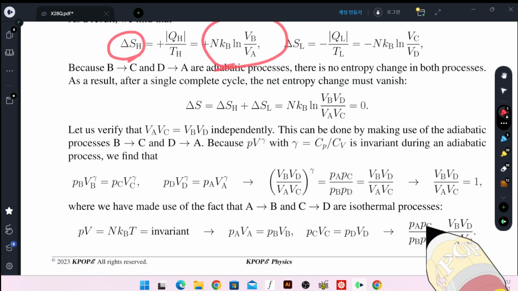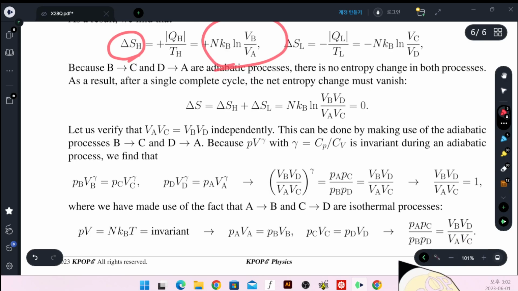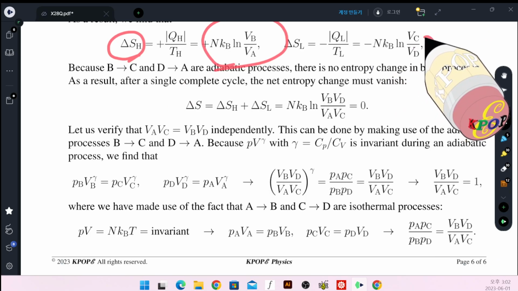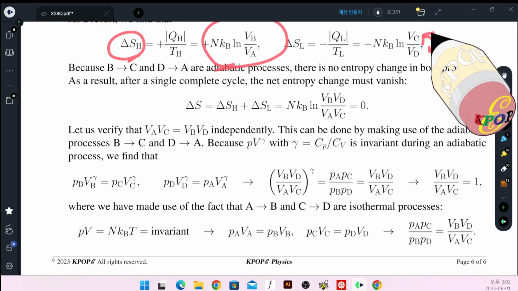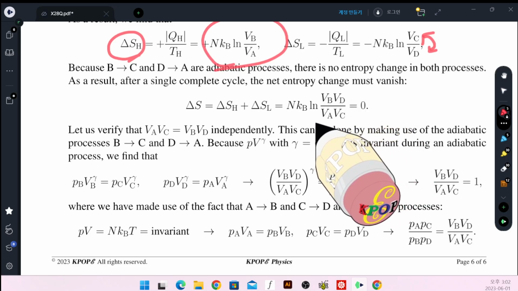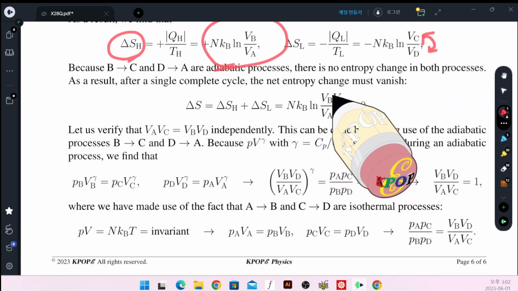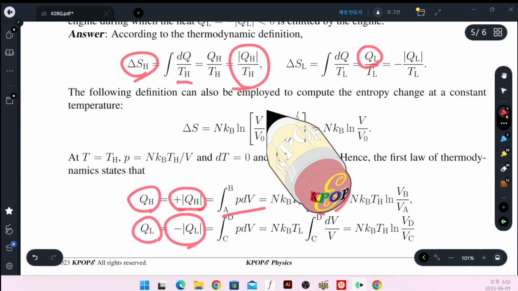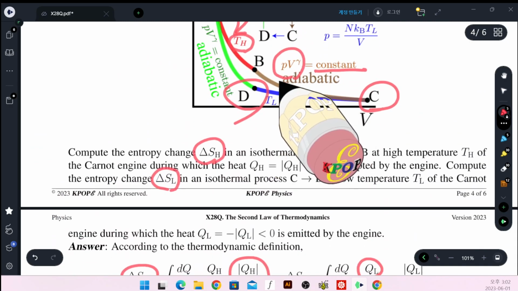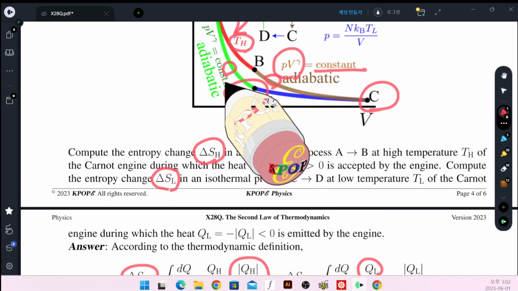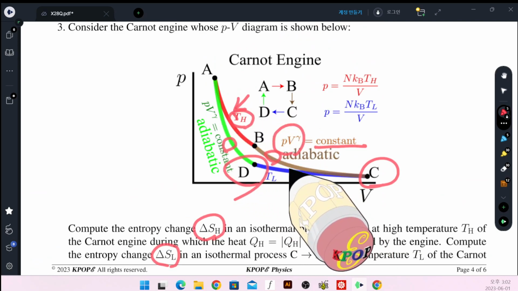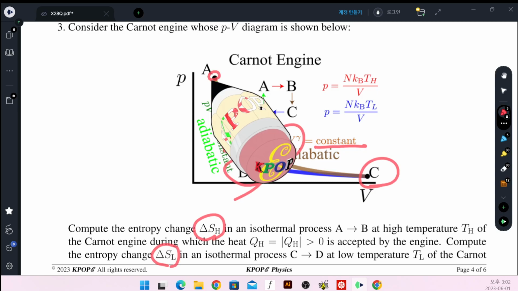If I add these two contributions all together, because of this negative sign, VC and VD are to be inverted, and we have VB over VA multiplied by this argument. Finally, no entropy change happens in the adiabatic steps, because dQ is always zero in an adiabatic process. These two contributions, positive and negative, cancel to arrive at the same state.